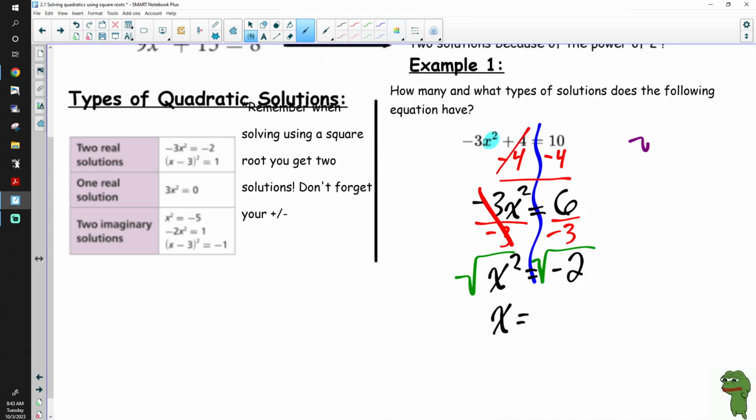So I have the square root of negative 2. What am I going to split this into? What times what? Close, not negative 2 times 1, 2 times negative 1. And we're splitting it up like that because what is the square root of negative 1?